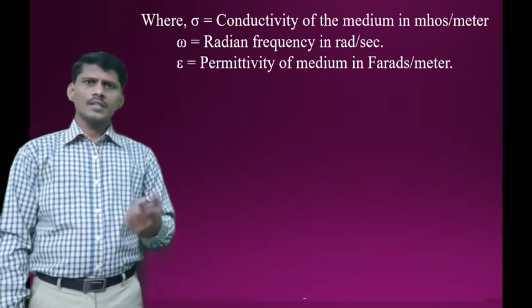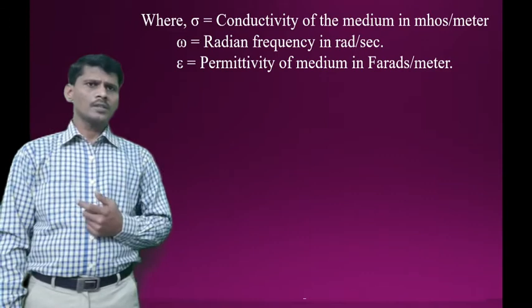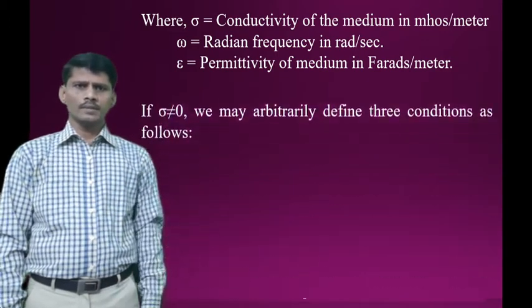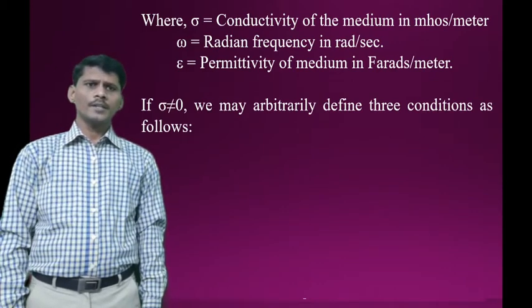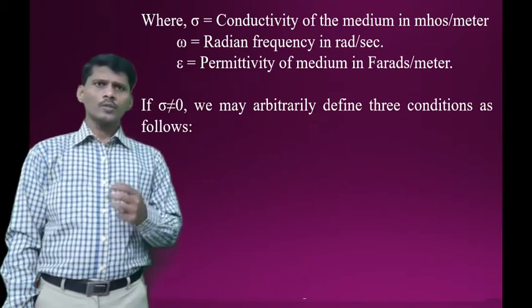Here sigma is the conductivity of the material, epsilon is the permittivity of the medium, and omega is the angular frequency. If sigma is not equal to 0, we may arbitrarily define three conditions.